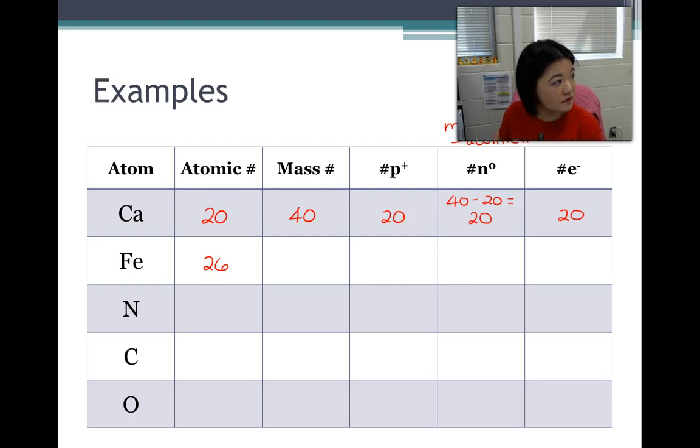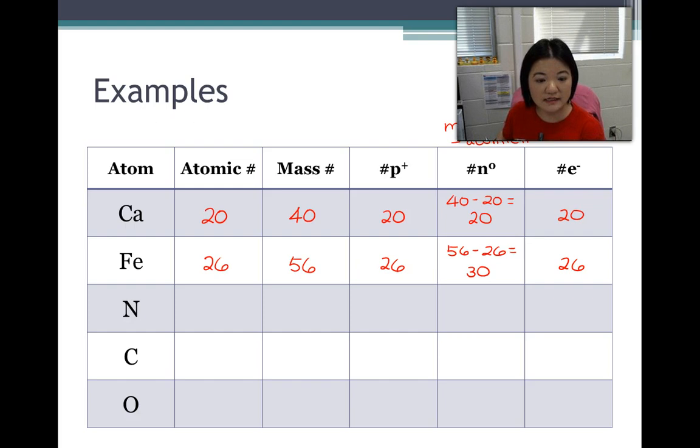Its mass number, the periodic table says 55.845, and so we are going to round that to 56. The number of protons is the same as the atomic number, so it's 26. The number of neutrons is 56 minus 26, which is equal to 30. And the number of electrons is 26.